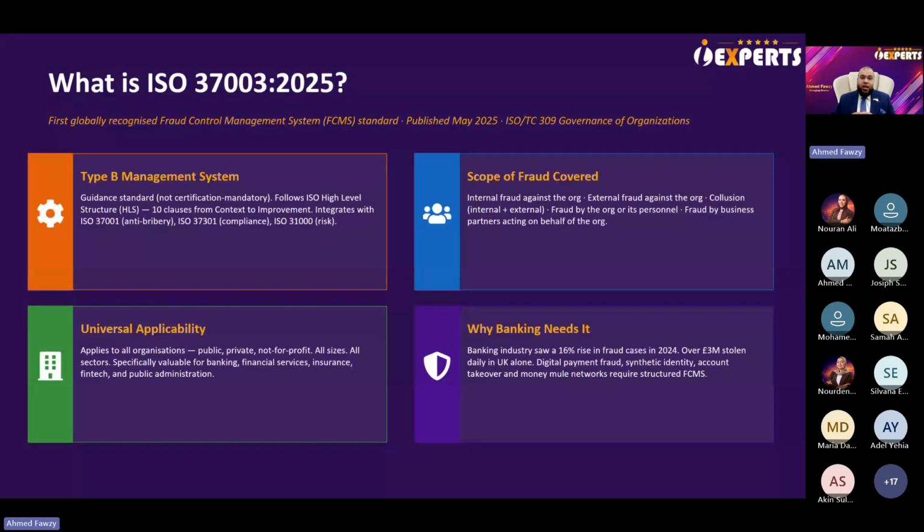Having this fraud control management system in place can prevent these gray or black activities, or reduce the fraud risk. By the way, part of this management system is what we call the fraud risk assessment, a specific risk assessment for the fraud itself.